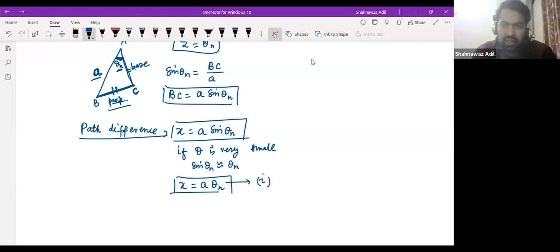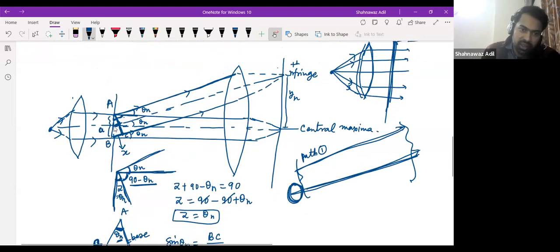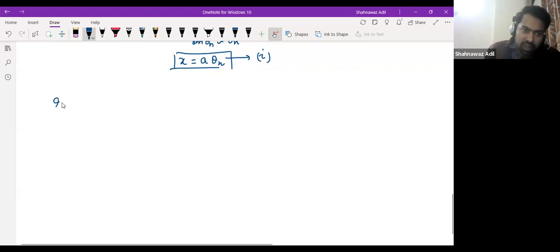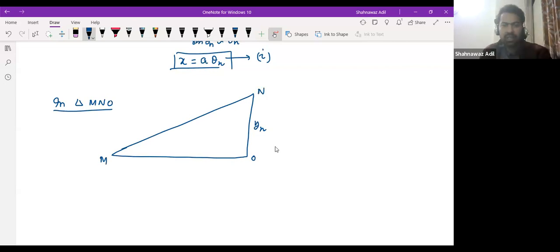Similarly, if you look at this triangle, let me name this triangle: this is point M, this is N, this is O. So we have triangle MNO. In triangle MNO, this one is MN, this is Y n, this is M, this is O, this is N. And what do we know?